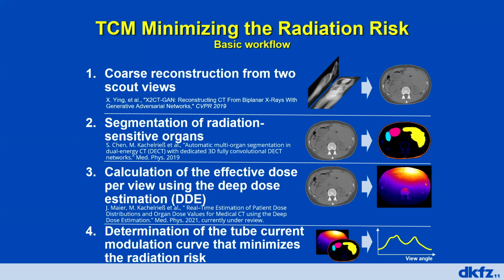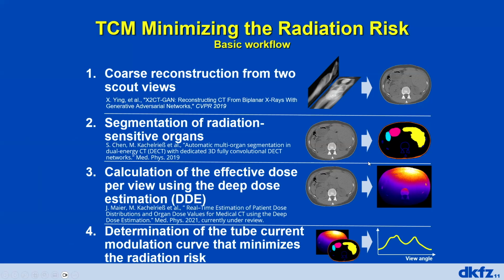However, other vendors, for example, recently introduced 3D topograms using very thick pre-filters, so this is also an option. So we start off with a very coarse reconstruction of our patient and then segment all relevant organs of interest. In this example, you can see the stomach, parts of the liver, parts of the intestines, the bones, and the skin.